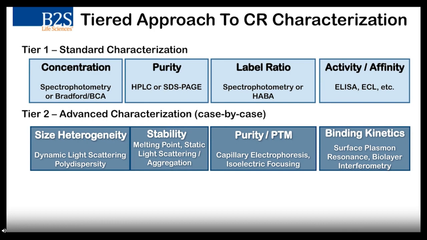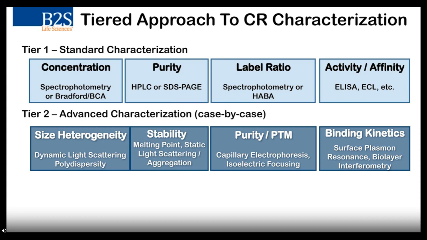So we have a tiered approach that we have adopted at B2S. In tier one, our standard characterization for a critical reagent includes an assessment of concentration, an assessment of purity, an assessment of an incorporation ratio or conjugate testing, if it's a conjugate, and then complementary with that is an activity or affinity assessment for binding or what have you.